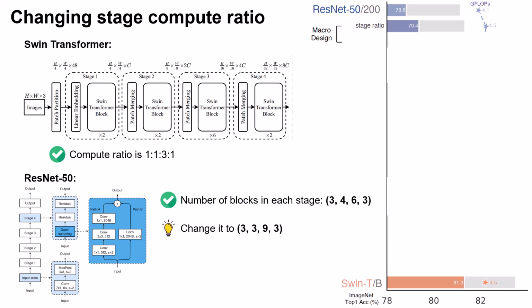So they changed it to 3, 3, 9, 3, which, if we divide them by 3, still gives the same compute ratio, which is 1:1:3:1. And by applying this simple modification, we increase the accuracy from 78.8 to 79.4. And the gigaflops also increase from 4.1 to 4.5.